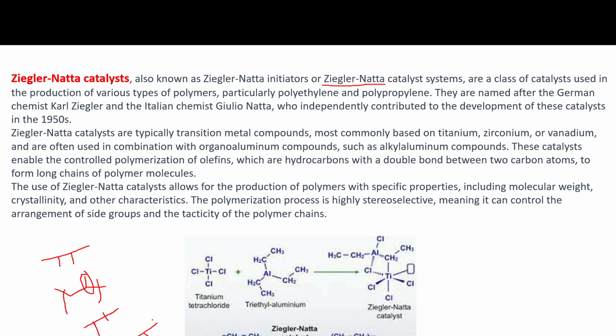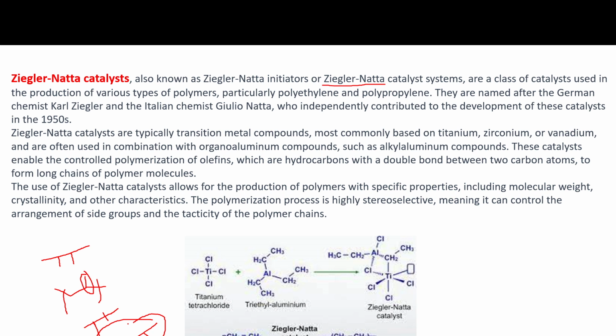Because this arrangement matters for the properties, as all of these properties depend on your molecular structure, and your structure also tells how the material looks. When you talk about isotactic or syndiotactic polypropylene, the crystallinity of this material is high compared to atactic polypropylene.